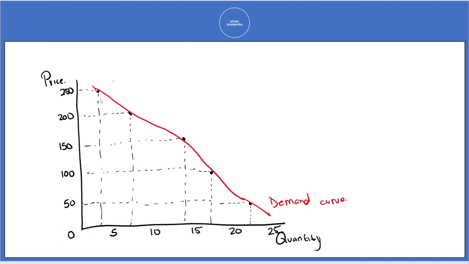So this is telling us that as the price goes up, the quantity will decline, right? But as the price goes down, people will want to buy more. So next time you find a question during the exam or assignment that says draw a demand curve, it will look like this, right? As easy as this. So do we have any question about this before we move to the next thing?